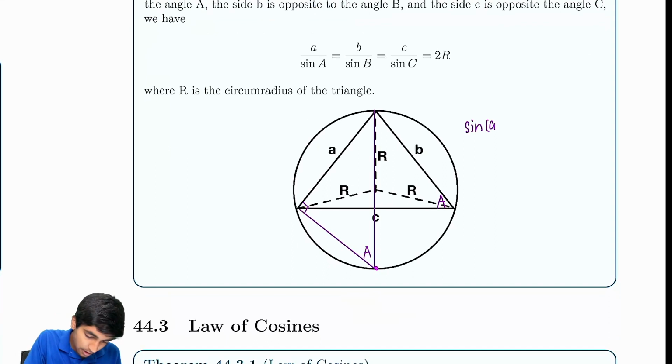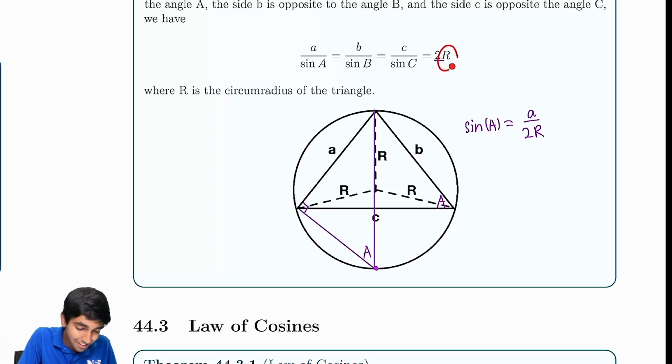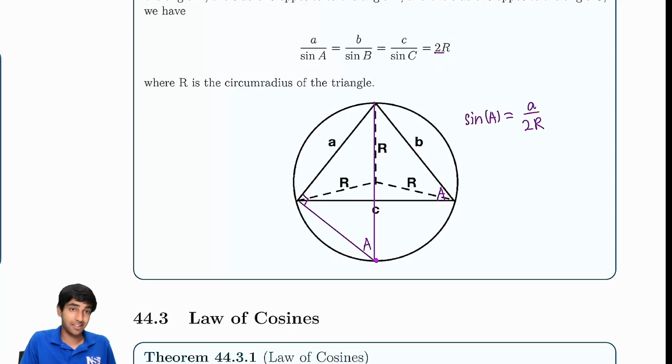Sine of big A is a over 2R. So a over sine A is 2R. And then we can do the same thing for b over sine B and c over sine C. They're all going to be equal to this ratio 2R. Pretty cool proof if you ask me. And how all of this randomly connects to the circumradius, that's just a little bit surprising to me. How in a triangle, a over sine A is equal to 2 times the circumradius.